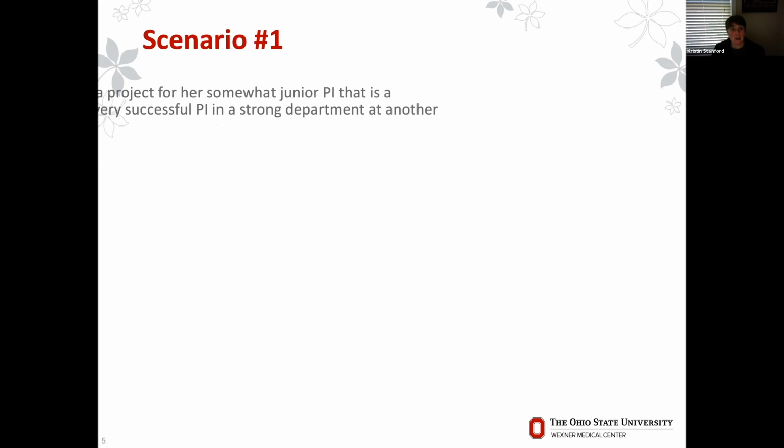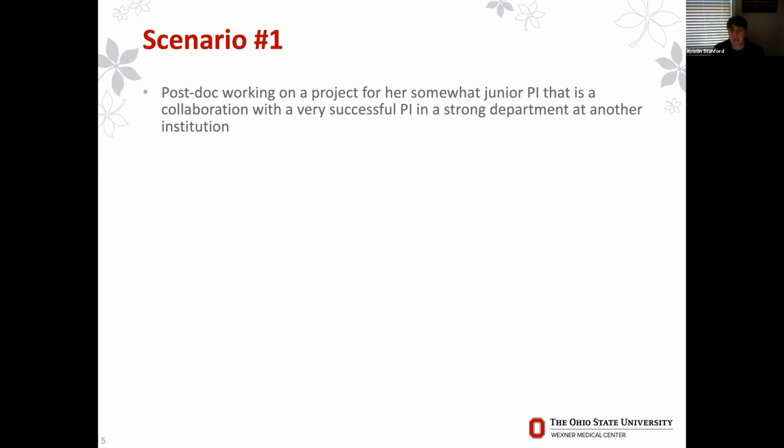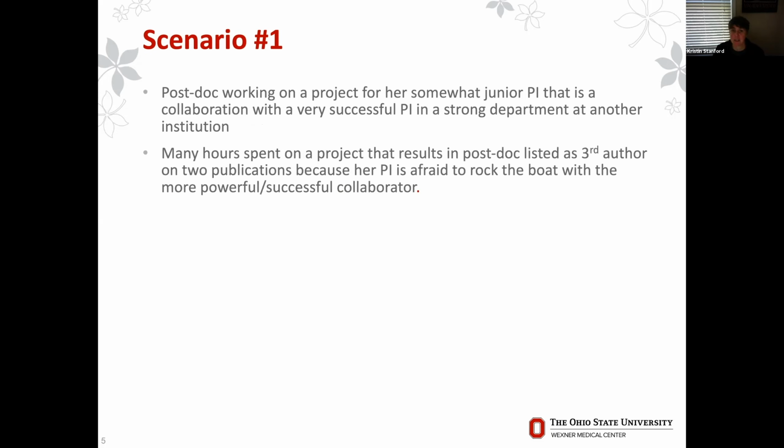And so what I want to do now is talk about a couple of scenarios in various collaborations. I can't seem to see the chat box on here, so just interrupt me or give me some feedback. So if you've got a postdoc who's working on a project for her somewhat junior PI that is a collaboration with a very successful PI in a strong department at another institution, there are many hours spent on a project that results in the postdoc listed as a third author on 2 publications because her PI is afraid to rock the boat with a more powerful or successful collaborator.